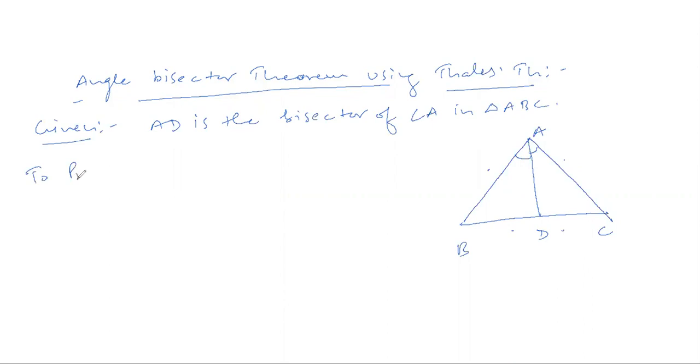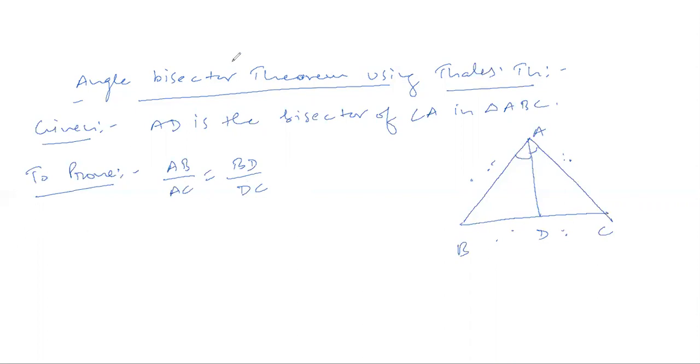Let's see what we need to prove. We have to prove that AB upon AC will be equal to BD upon DC. Here we'll have to do one construction.